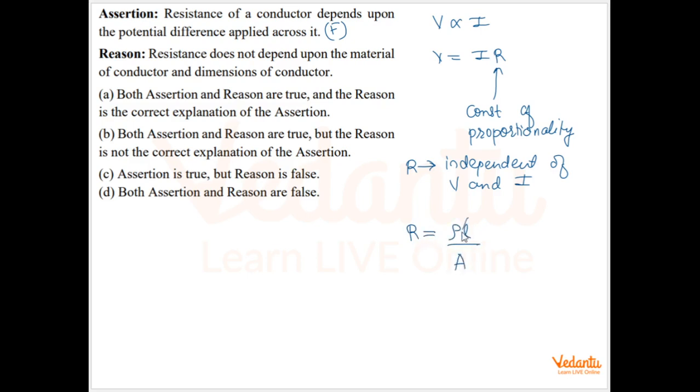It depends on the dimensions of a conductor, length and area, and it depends on the material of the conductor, the resistivity of a material. So reason is also false, and therefore option D will be the correct answer.